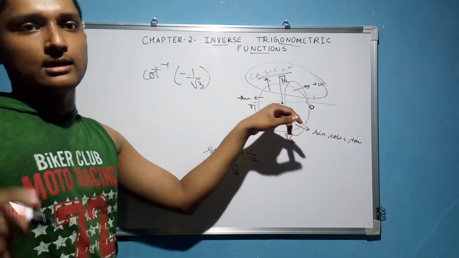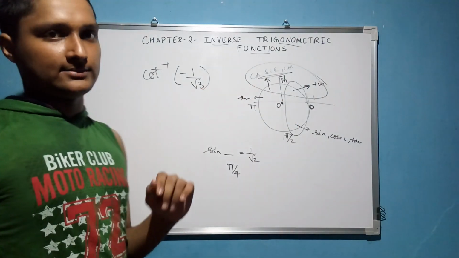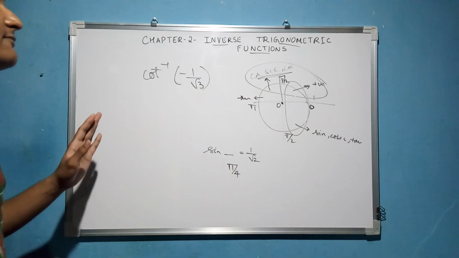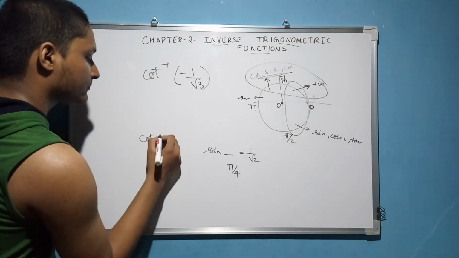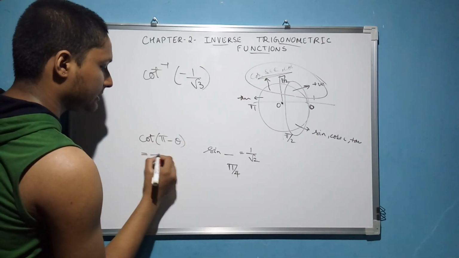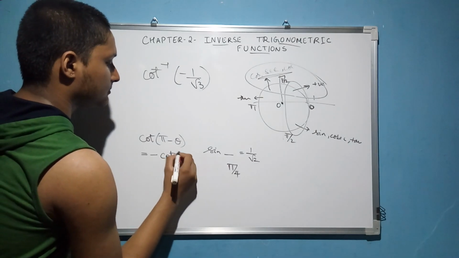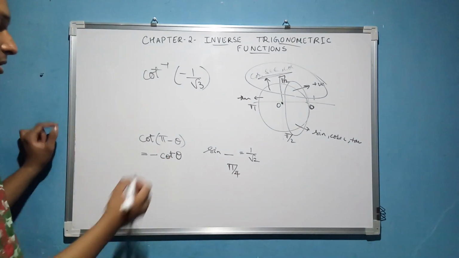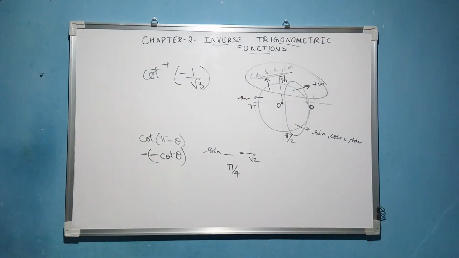Even in the fourth quadrant cot is negative, but here we are considering only the second quadrant. For that we must know that cot of pi minus theta is equal to minus cot theta. This is the thing that we need to see here.